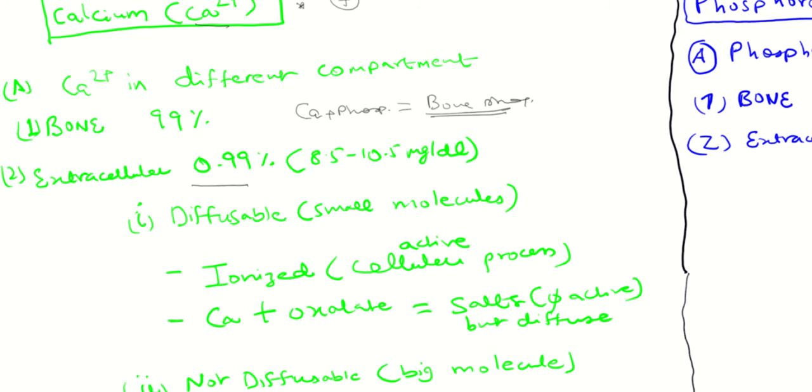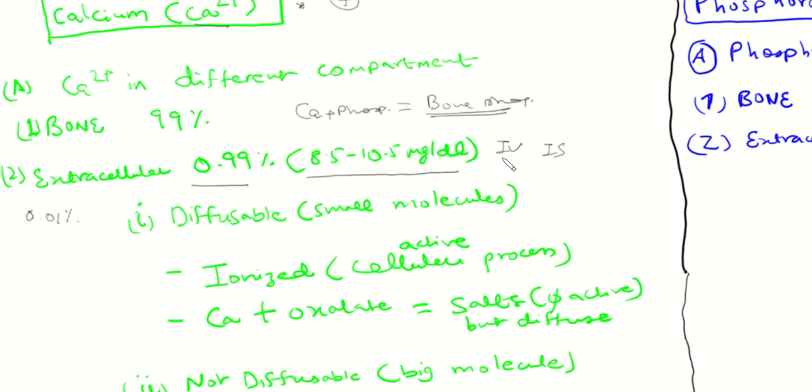Now, again, you have 99% in the bone as far as calcium is concerned, and around 0.99% of it is in the extracellular space. So how much is remaining? 0.01%, right? Perfect. Again, the levels in the extracellular space: remember the intravascular space and the interstitial space.